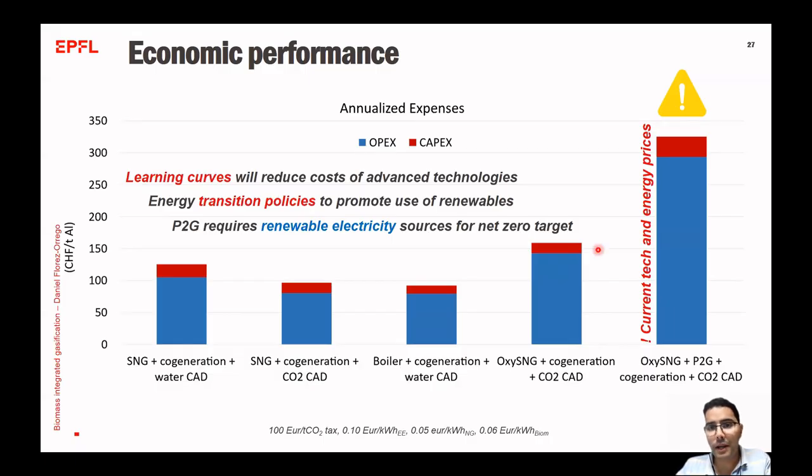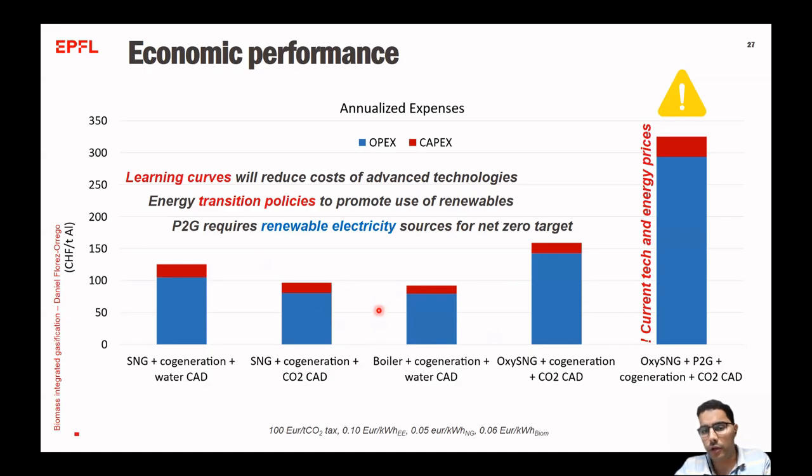Of course, if we are planning to integrate other energy technologies, such as the power-to-gas system, the oxy-combustion systems, or even the cogeneration systems, they are going to be more expensive, so the CapEx will be higher compared to the business as usual scenario.